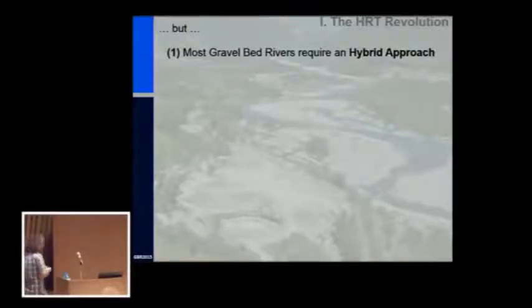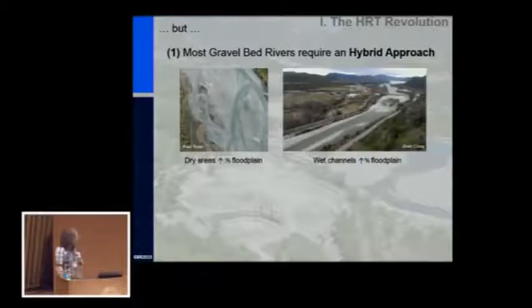Gravel bed rivers are very complex. Some of the rivers have vegetation. Other rivers have the wet channel occupying a lot of the floodplain. We have different grain size distributions, etc., etc. And this implies that sometimes we need to combine different techniques, different technologies to get this high-resolution topography of the entire system that we want to characterize.